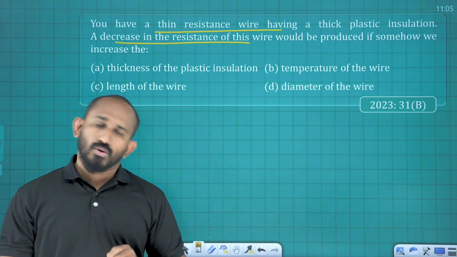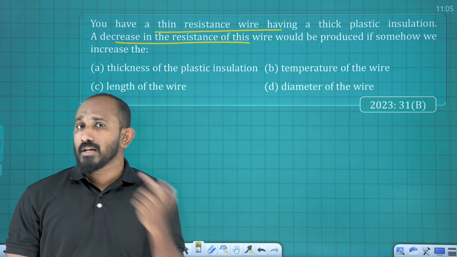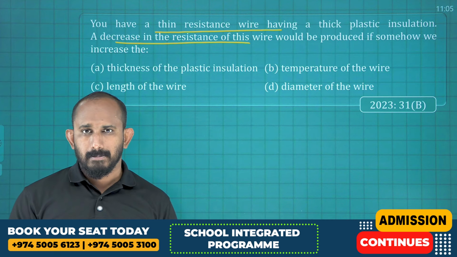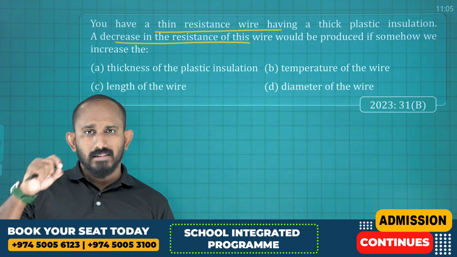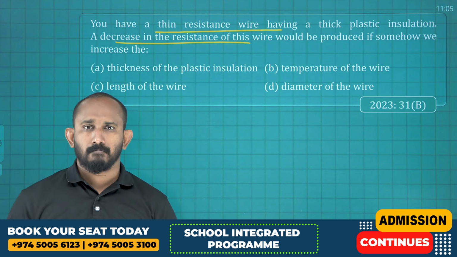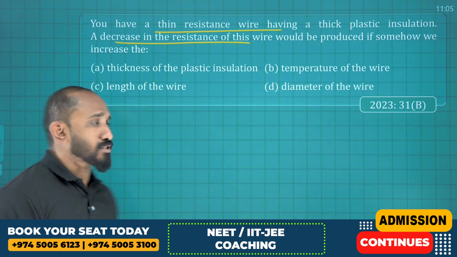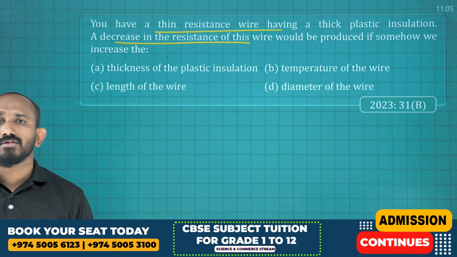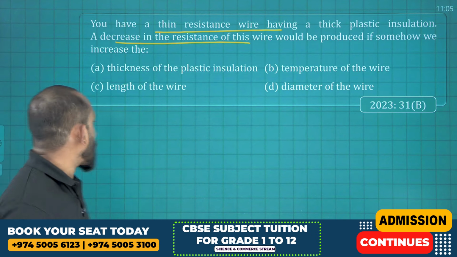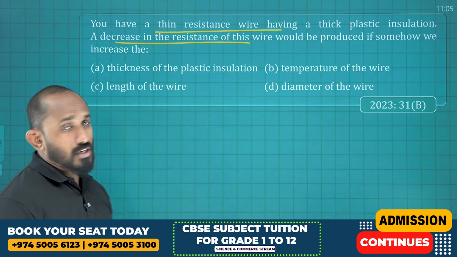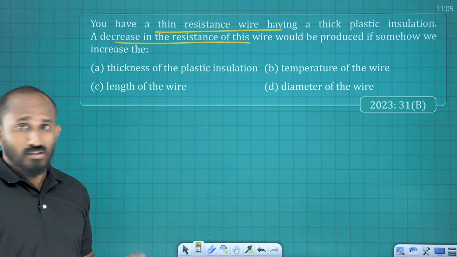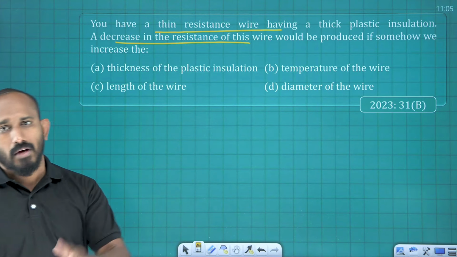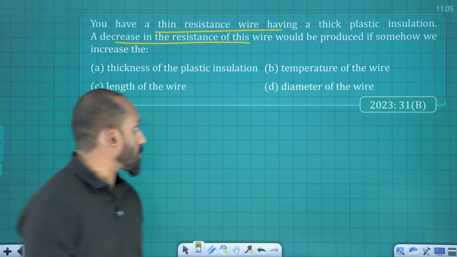You know, resistance is inversely proportional to cross section area. So, if thickness increases, resistance decreases. Check the options. Thickness of the plastic insulation, if you increase, no matter. Insulation has no link with the flow of current through it.